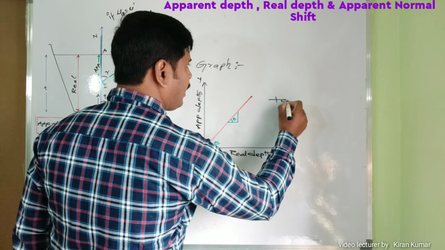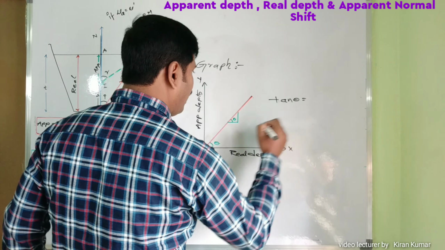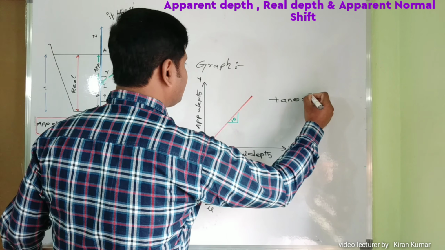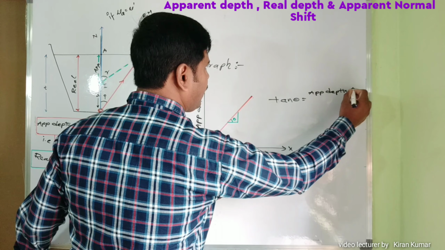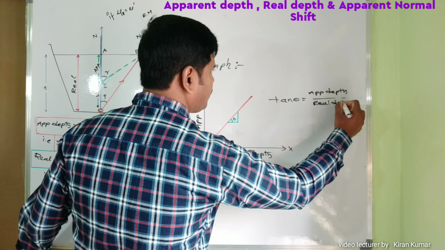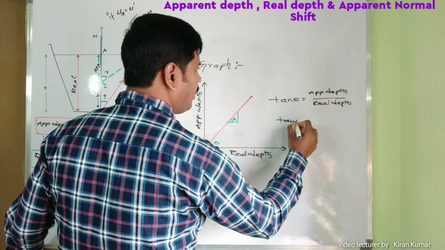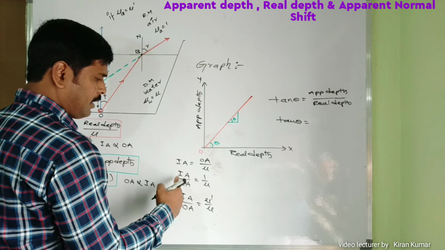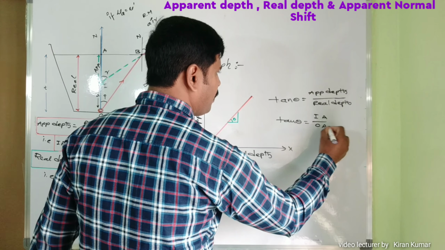Then tan theta is equal to opposite, that is apparent depth, divided by real depth. So this is real depth. Try to understand: tan theta is equal to Ia divided by OA.